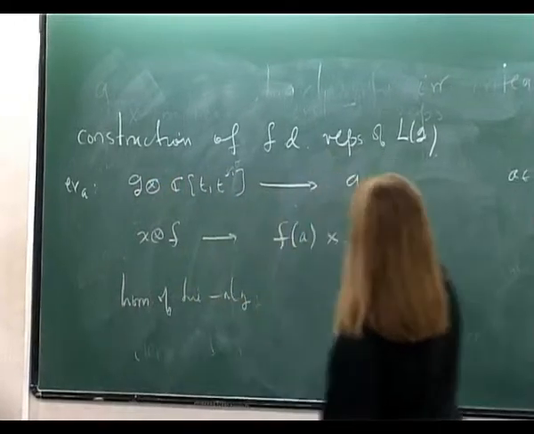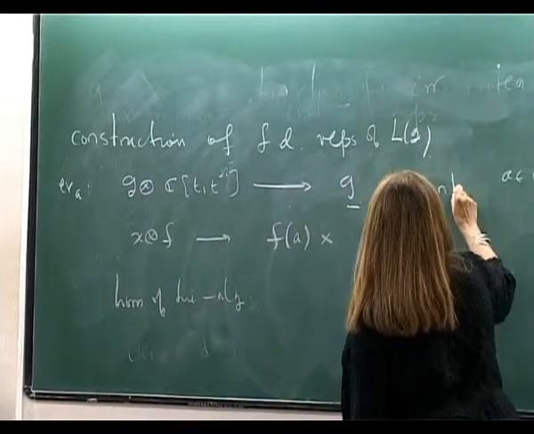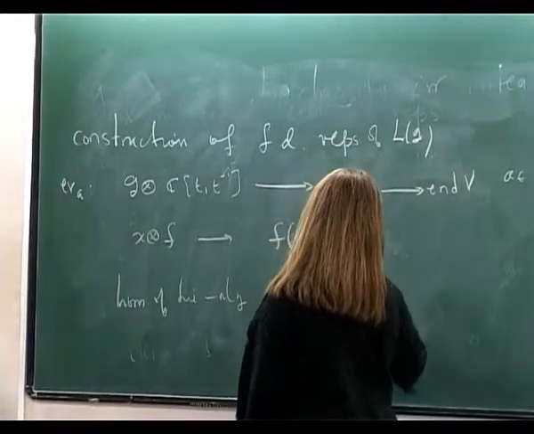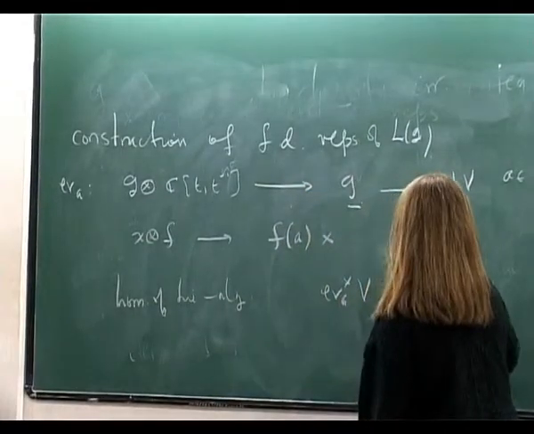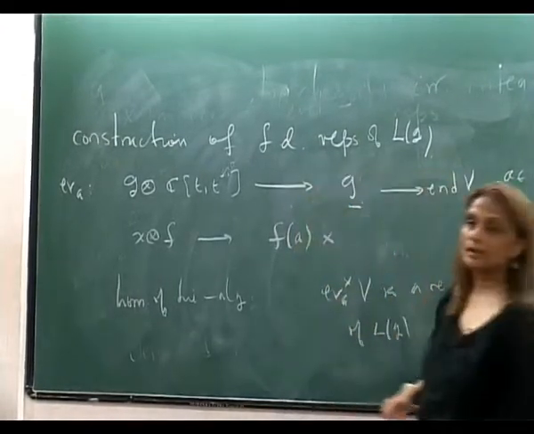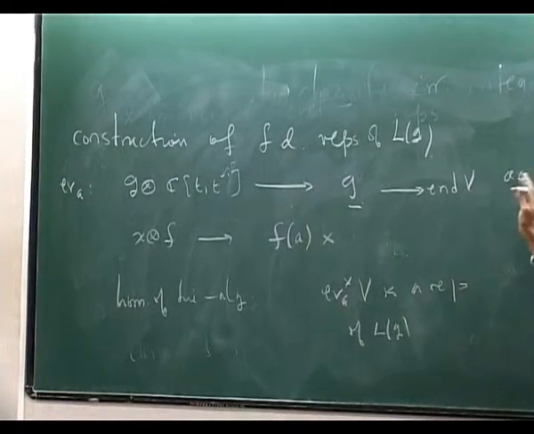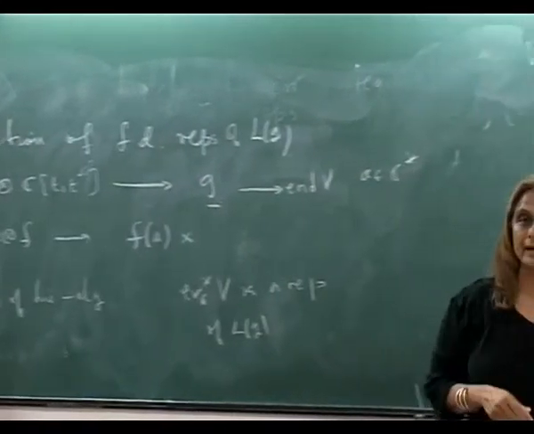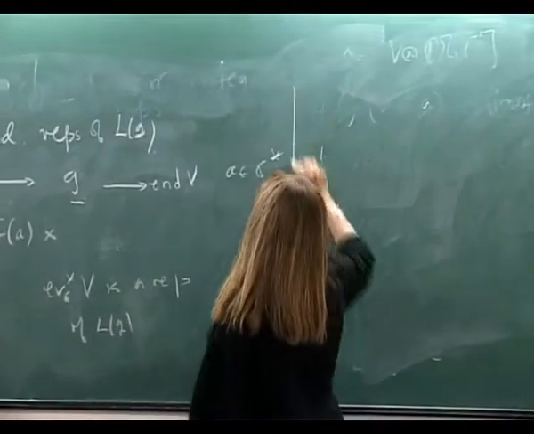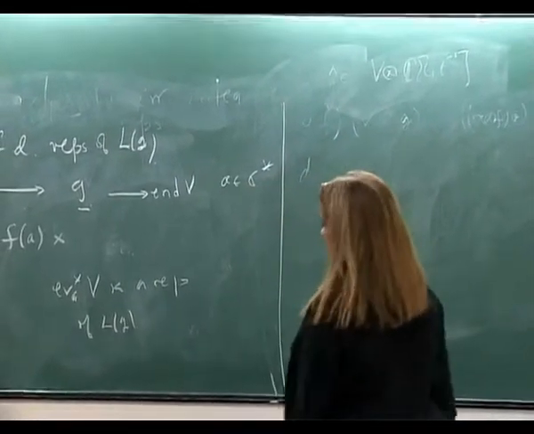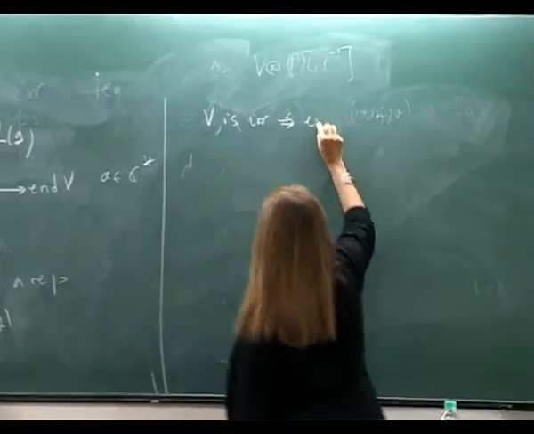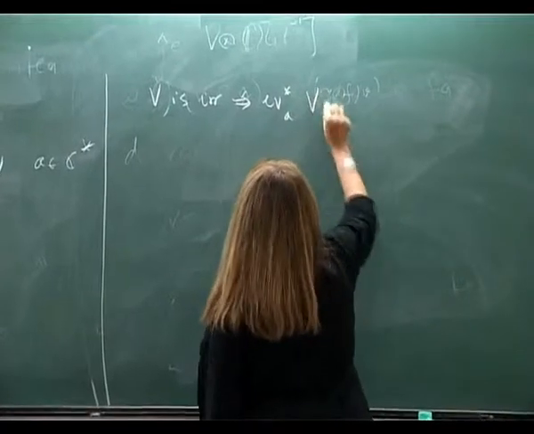So if I take any representation of G, I can pull back a representation of LG. Yeah? So given any representation of G, I get a finite dimensional representation of LG. Right? If V is irreducible, this implies the pullback ev_a star V is irreducible.